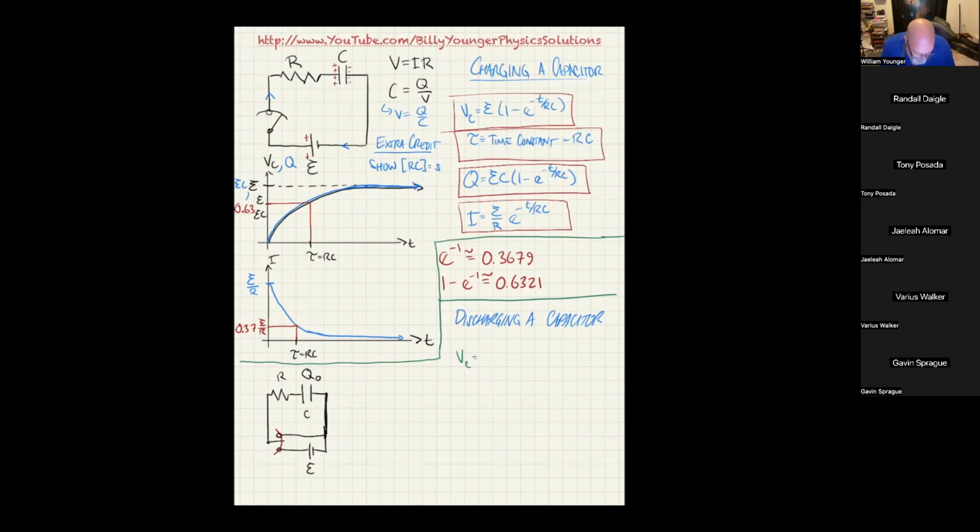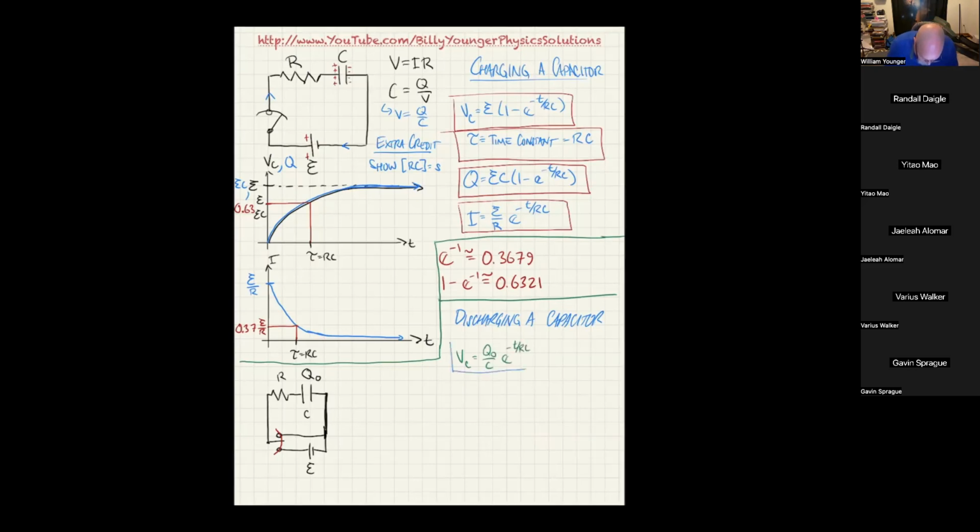So you didn't necessarily know that E was the voltage that you charged it to. So it's best to have it in terms of Q and R0. If you use C equals Q over V, then the voltage should be Q over C. So that's going to be Q0 over C times e to the negative T over RC.